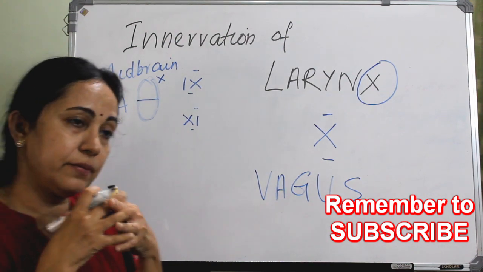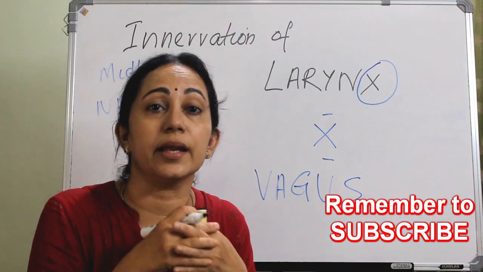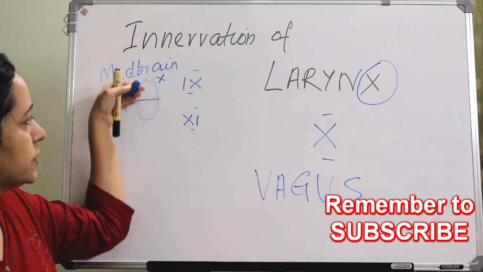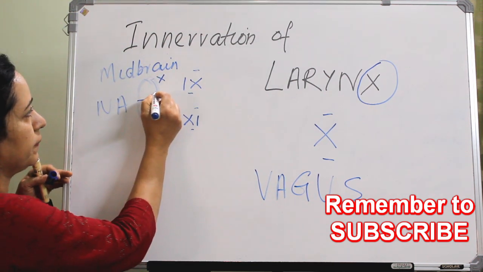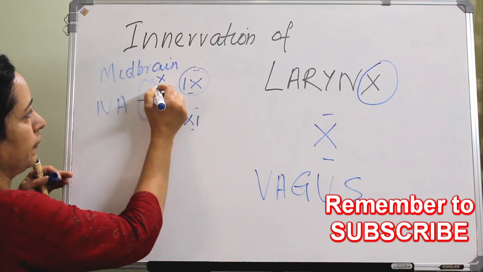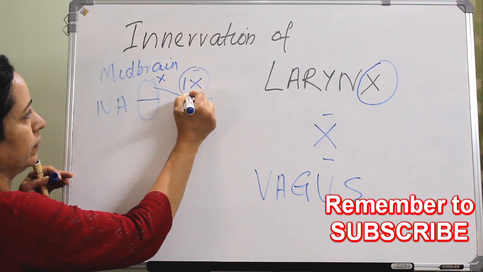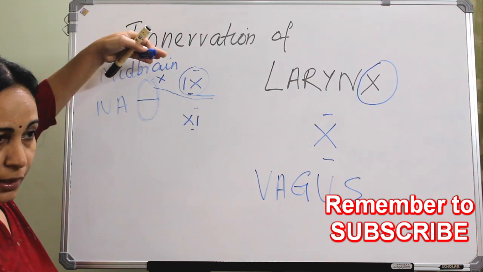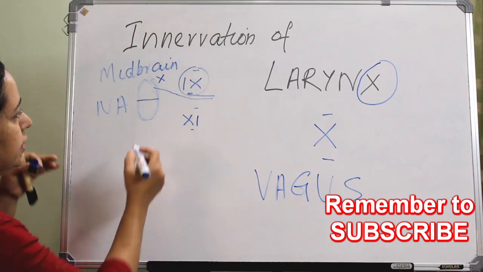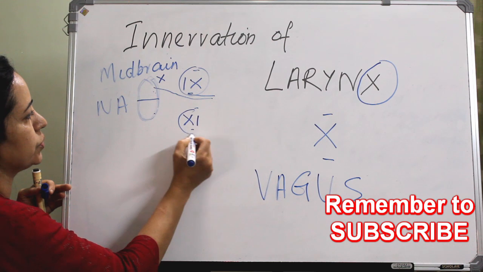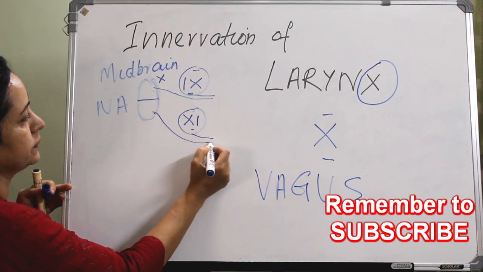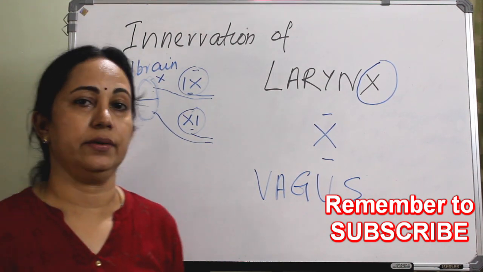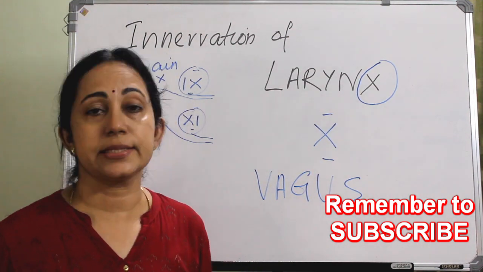So this 10th nerve has got two friends, 9 and 11. So the fibers from upper portion of this nucleus ambiguus join with that of the ninth nerve, that is the glossopharyngeal nerve, and fibers from those of lower portion, they go along with the 11th nerve, that is the accessory nerve.